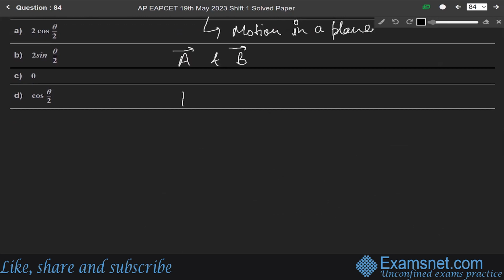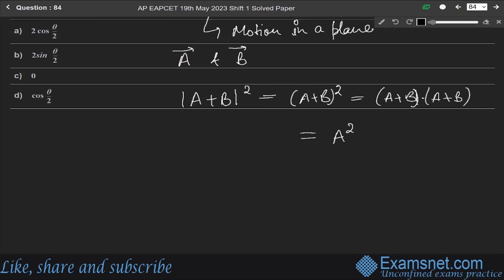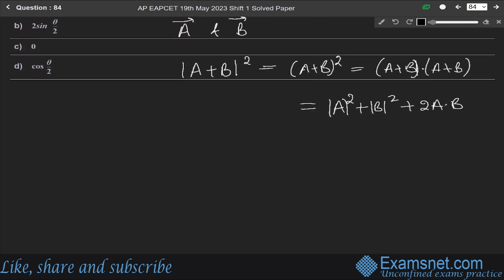We know that modulus of A plus B whole square is (A plus B) dot (A plus B), so it will be equal to modulus of A square plus modulus of B square plus 2 A dot B. For the dot product we always use cos theta.